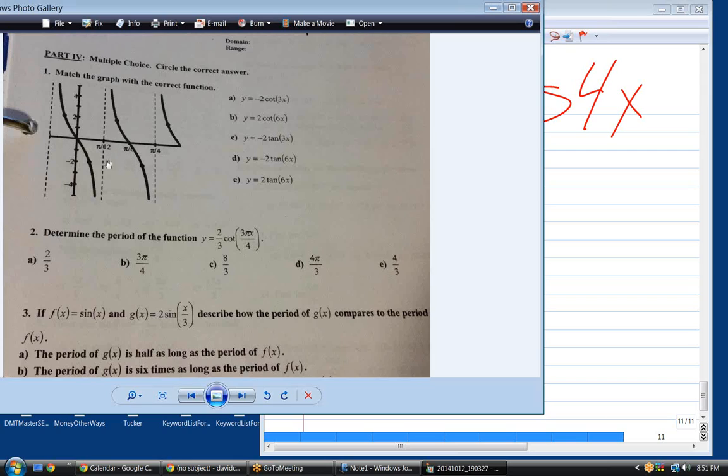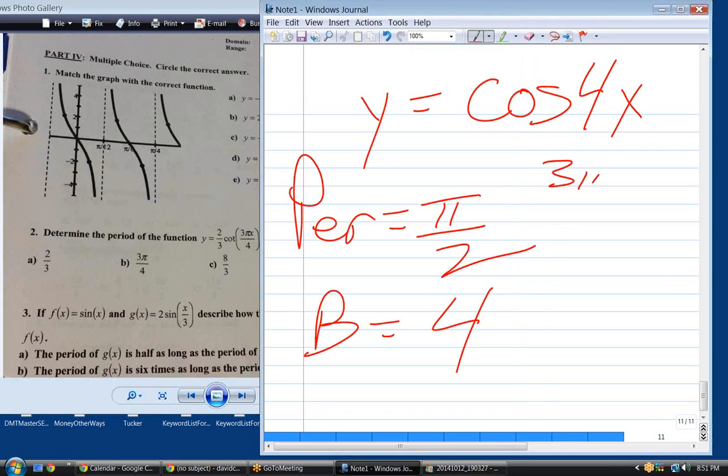Well, let's see. What's the difference between pi over 4 and pi over 12? That's 3 pi over 12, which is pi over 4, and minus pi over 12 gives you 2 pi over 12 or pi over 6. So that's the period.